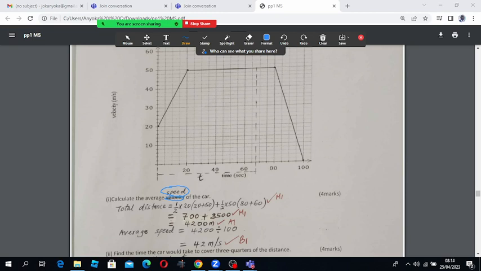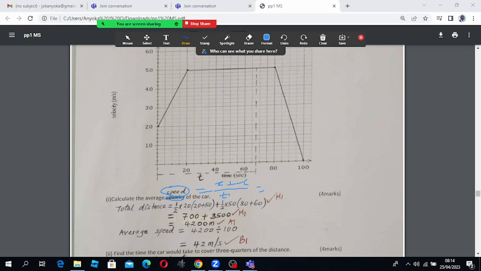To find average speed, we need total distance and total time. Whichever way you find it, it is total distance over total time. Total distance is the area under the graph.